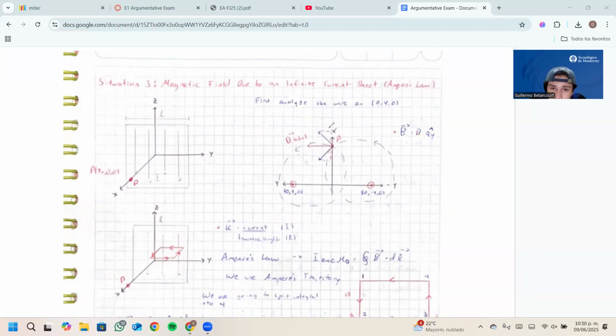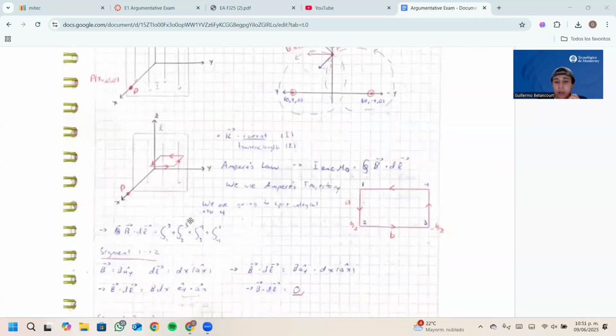At the point that we're going to evaluate, which is the point on the x-axis, we know that these are the directions of the magnetic fields. So with this, we can interpret that there is only going to be a sum of these two vectors with a direction only in the positive y.